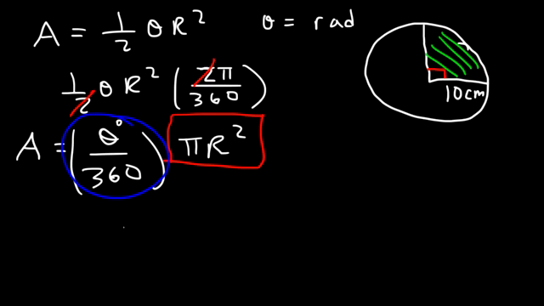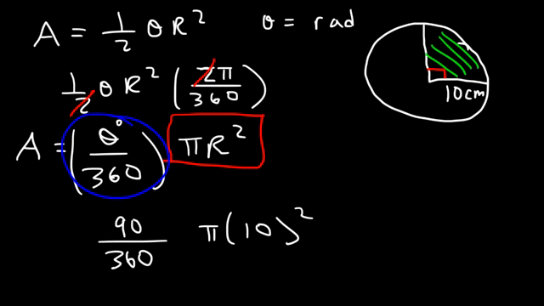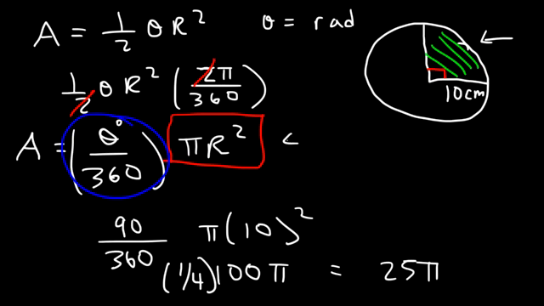So in our example, the angle is 90 and the radius is 10. So pi r squared, the area of the entire circle, is 100 pi. 90 out of 360 is basically 1/4. So to find the area of that sector, it's 1/4 of the area of the entire circle. So 1/4 of 100 pi is 25 pi. And that's how this equation works.